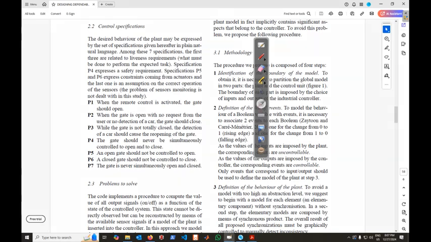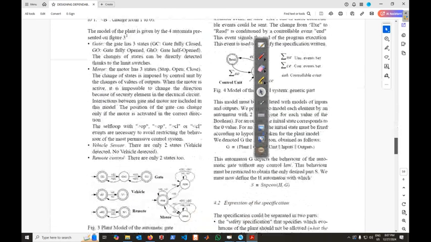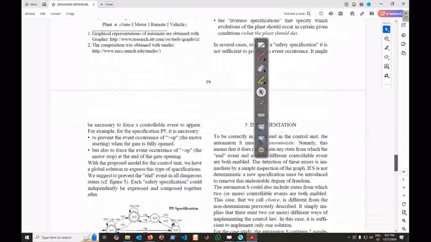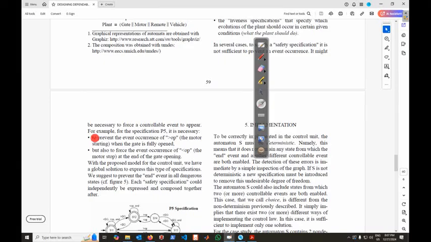The question is, fine, we understand now the specification, but the idea is how to describe it again in natural language. We need to prevent the occurrence of open. This is open. If it is greater than, it means open, which means that we are crossing from 0 to 1.